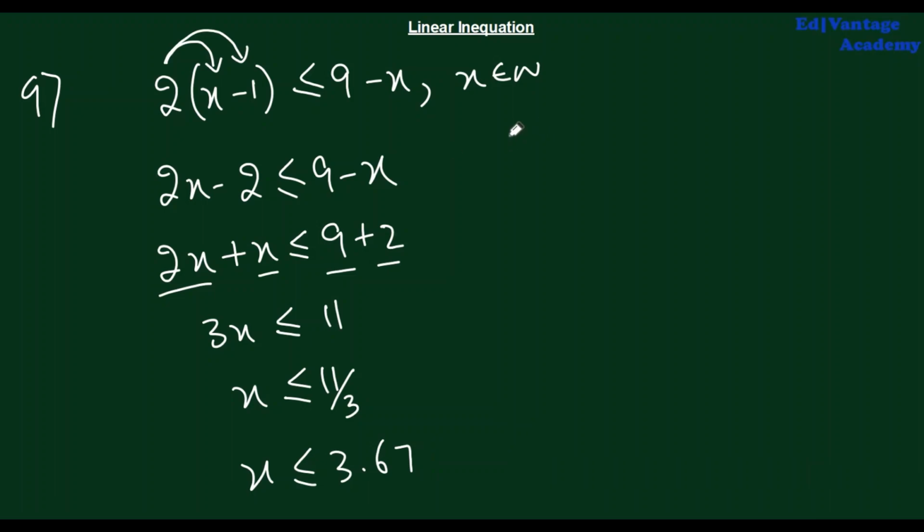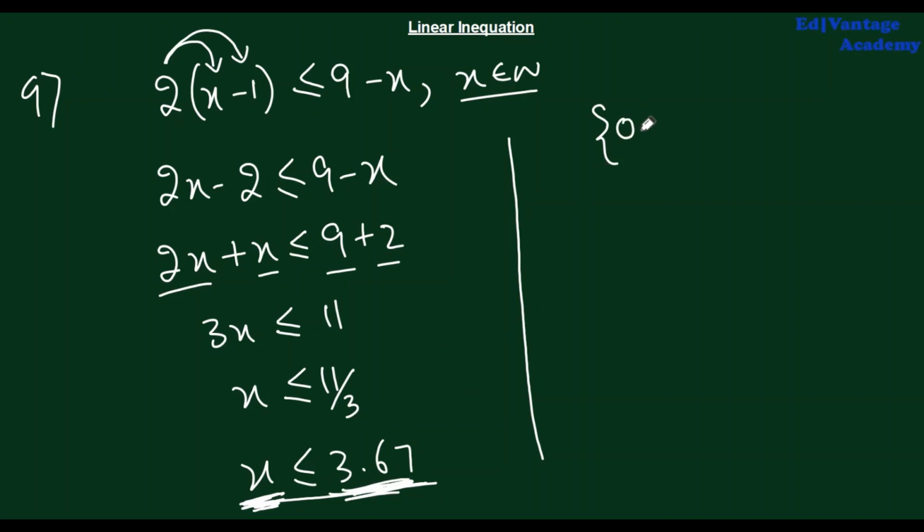Again, in the question, they have asked us the largest value of x when x belongs to whole numbers. If I simply write a solution set for this, x is less than or equal to 3.67 and x is a whole number. So what are the whole numbers less than or equal to 3.67? They are 0, 1, 2, 3.